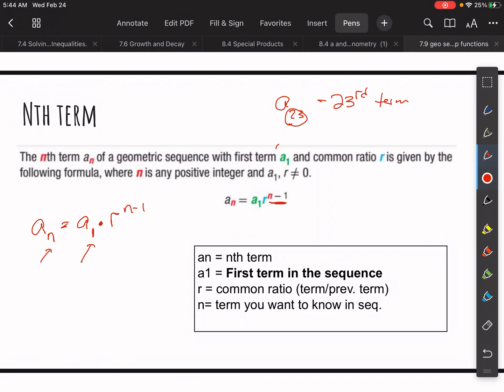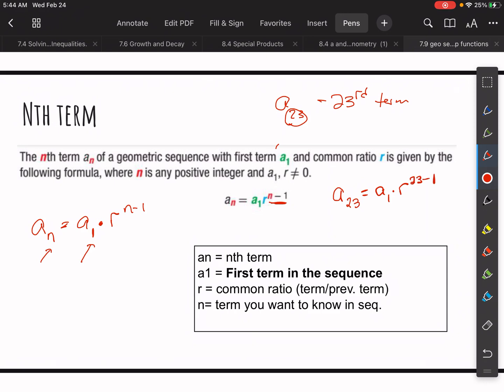If I was going to find the 23rd term in the sequence, I would say A23, the 23rd term, is equal to the first term times the common ratio, all to the 23 minus 1.